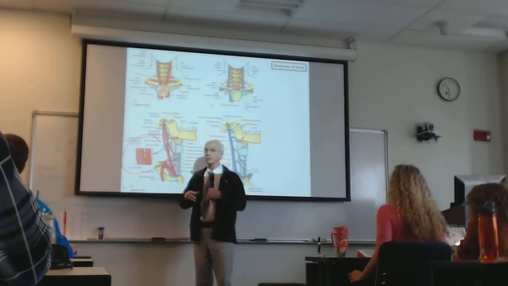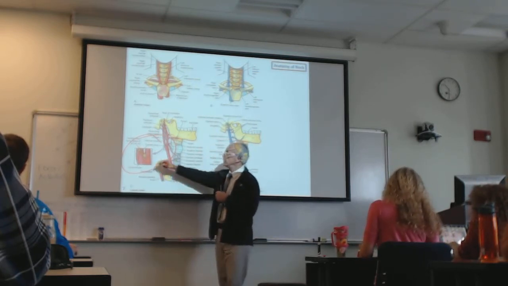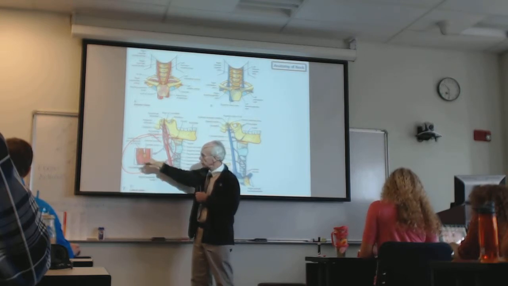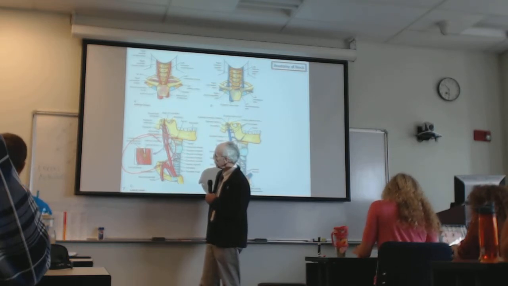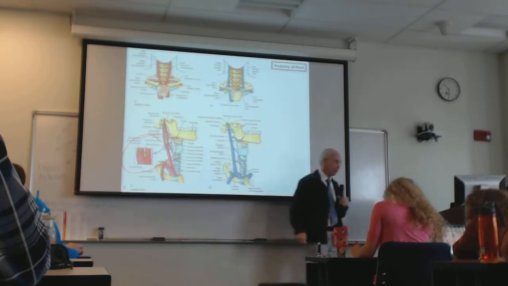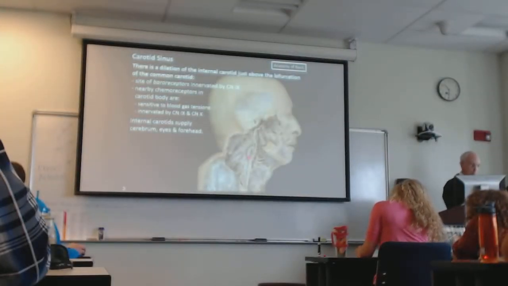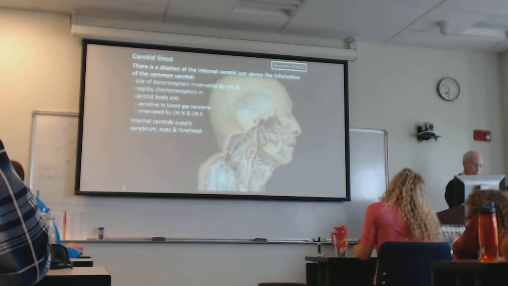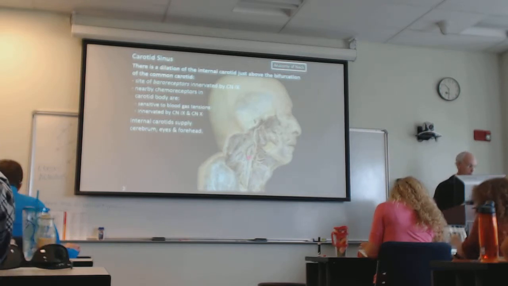The carotid sinus, what do we mean by sinus? What's a sinus? Opening, yeah, in general implies something. So the implication here is that at this bifurcation, there's an enlargement of the carotid. That's the carotid sinus. And then adjacent to it is this thing called the carotid body. The primary difference between the two is a difference in innervation, but the sinus is chiefly important for baroreceptors, the body for chemoreceptors.